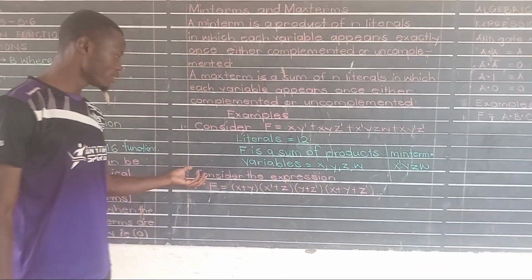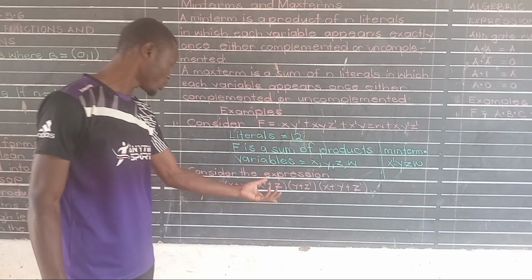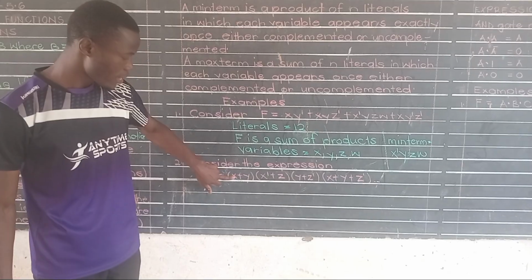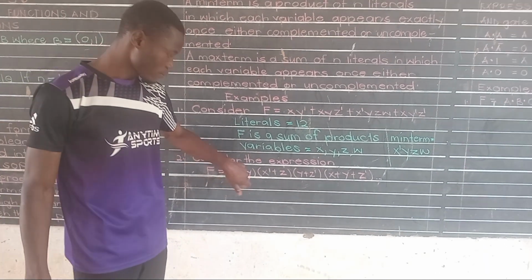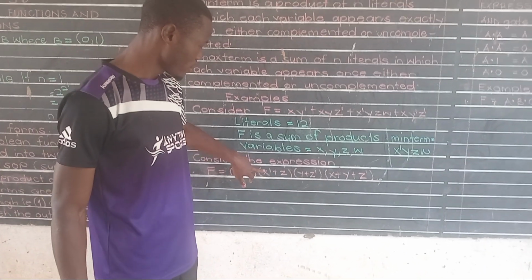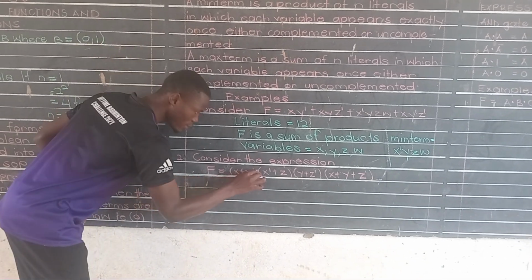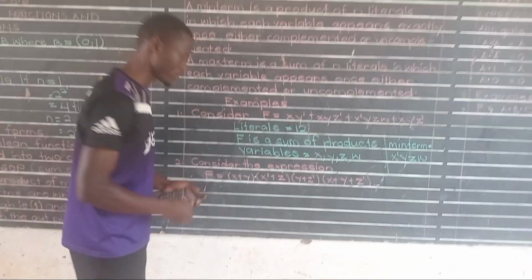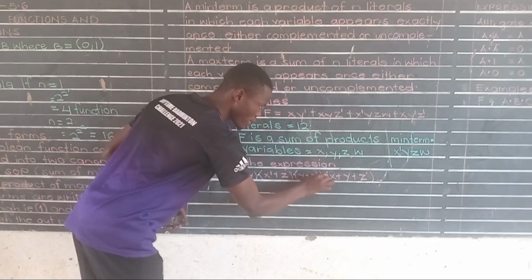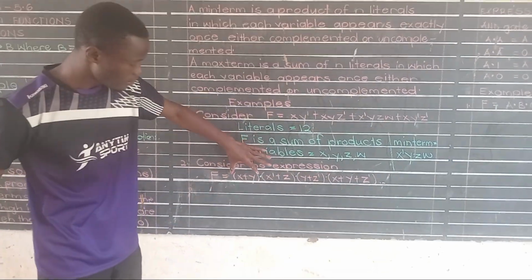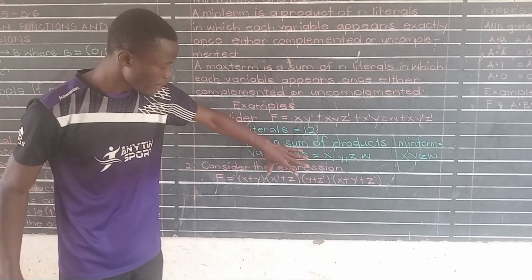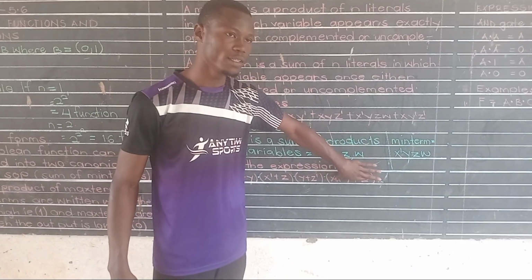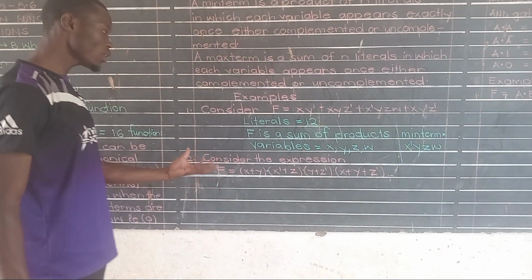So I have another example, and they're telling me to consider the expression f is equal to bracket x or y, close the bracket, another bracket. What do I identify here? There is a product. I'm having this term multiplied with this term, multiplied with this term, multiplied with this term.